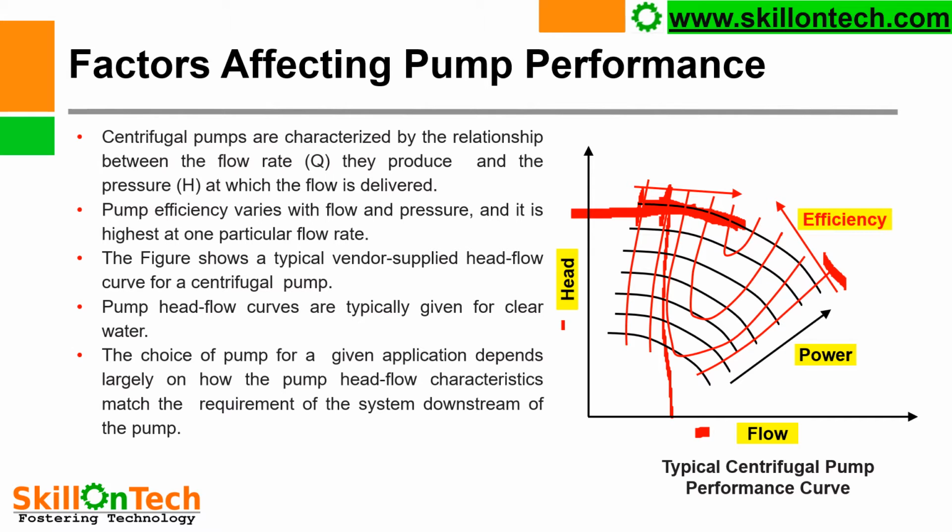Pump head flow curves are typically given for clear water. The choice of a pump for a given application depends largely on how the pump head flow characteristics match the requirement of the system downstream of the pump. So we must understand the pump efficiency curves and the operating point of the pump to optimize the pump performance.